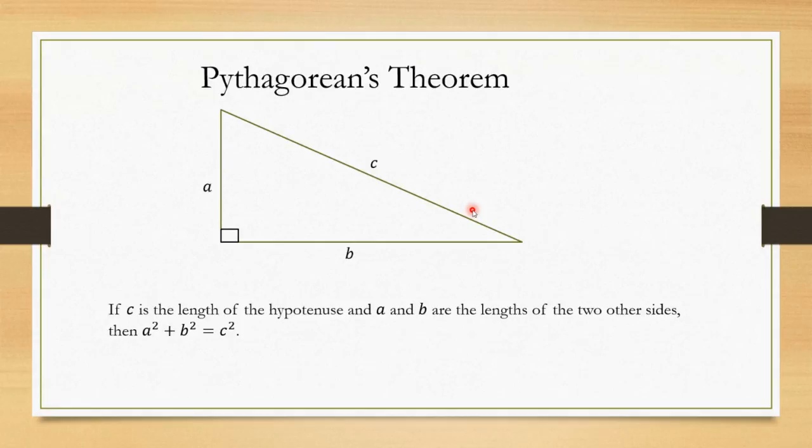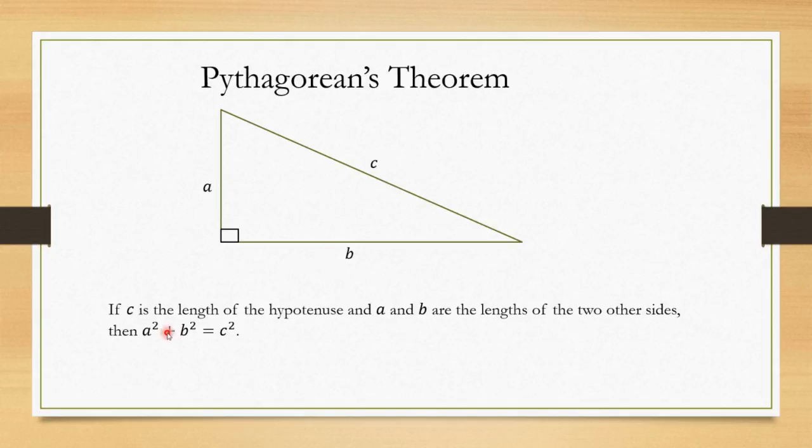We also have this famous theorem called Pythagorean's theorem. C is the length of the hypotenuse, and A and B are the lengths of the two legs.